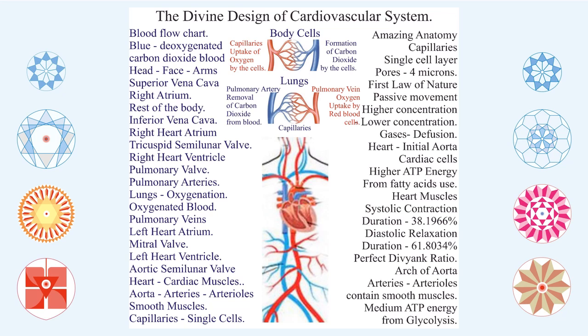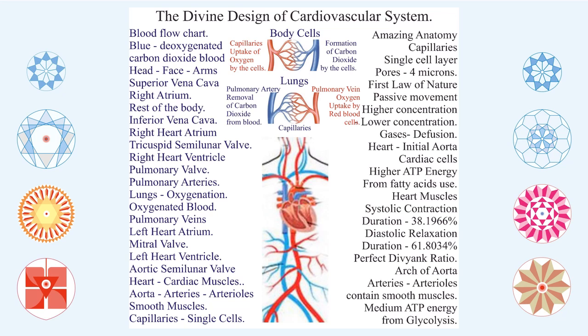The arch of aorta, arteries, and arterioles contain smooth muscles. Medium ATP energy from glycolysis is used for that, whereas in the heart it is primarily lipids. As long as lipids are used, you'll have no problem of heart pain at all.